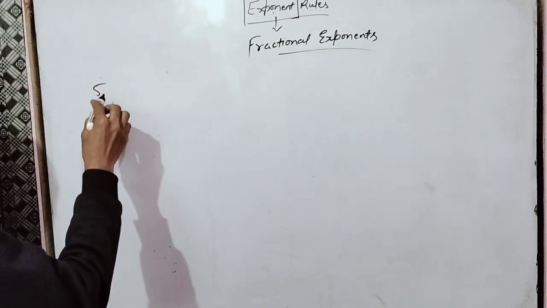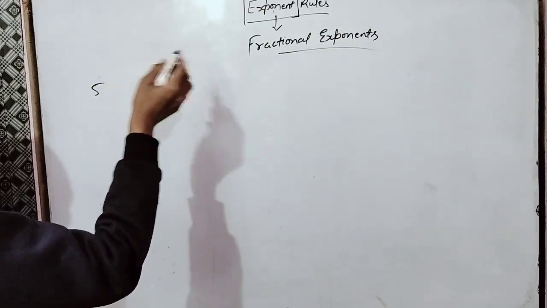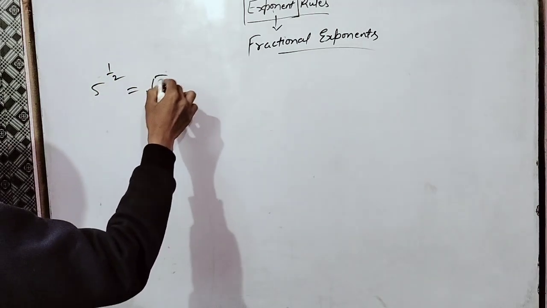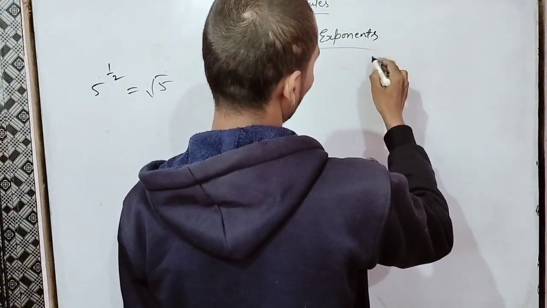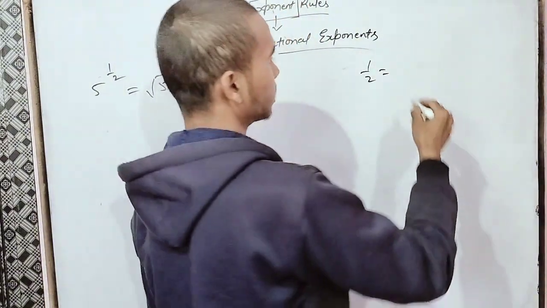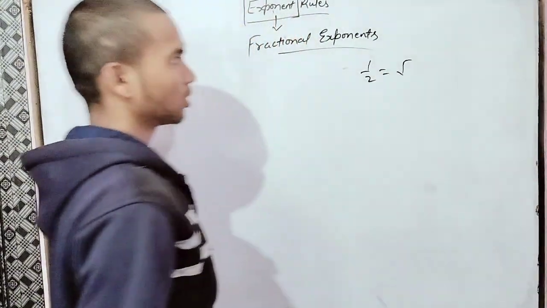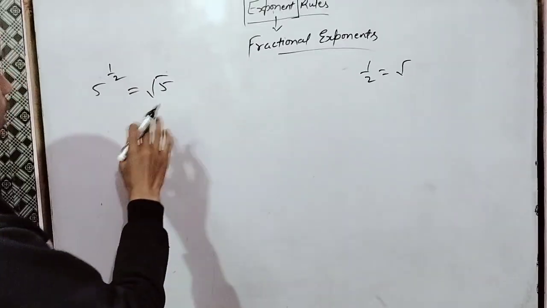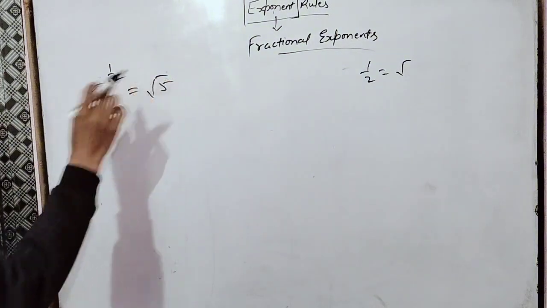So here, whatever we have is this. The exponent is a fraction like that, so it can be written like that, because 1 by 2 is also written as a root. So the value of root is 1 by 2. In the case of a root, 2 is hidden here.